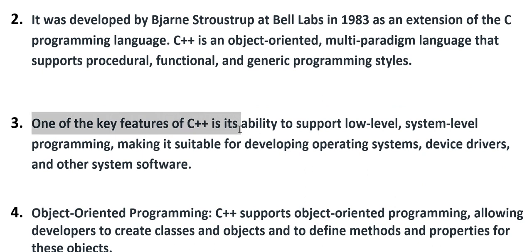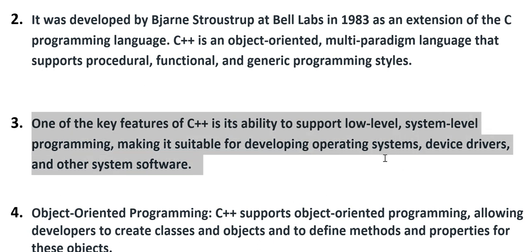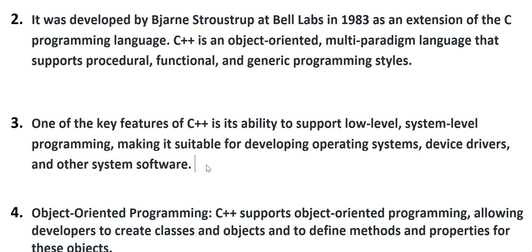One of the key features of C++ is its ability to support low-level, system-level programming, making it suitable for developing operating systems, device drivers and other system software. C++ is used in mobile operating systems and all operating systems: Windows, Linux, Macintosh OS and Android OS.